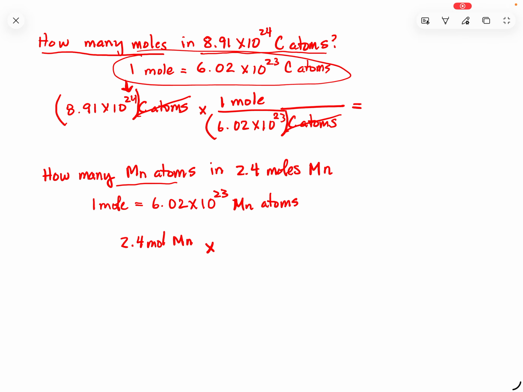We need to find out how many atoms in 1 mole of manganese. So our moles will cancel, and we should be left with atoms of manganese.